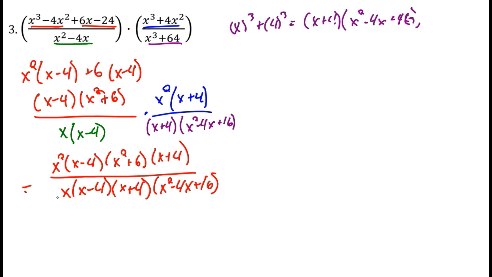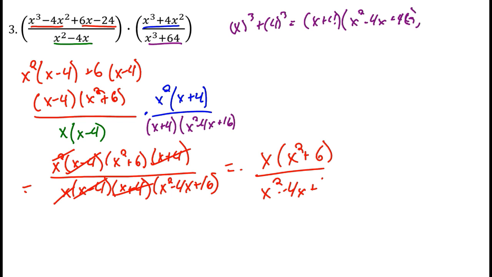X squared divided by x leaves me with a factor of x. X minus 4 divided by x minus 4 is 1. X plus 4 divided by x plus 4 is 1. So I'm left with, in the numerator, x times x squared plus 6. In the denominator, I have that quadratic.